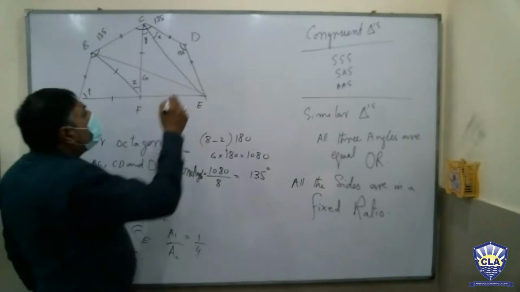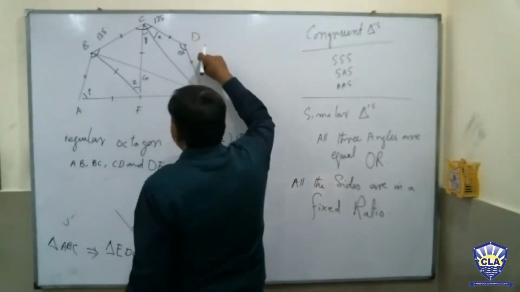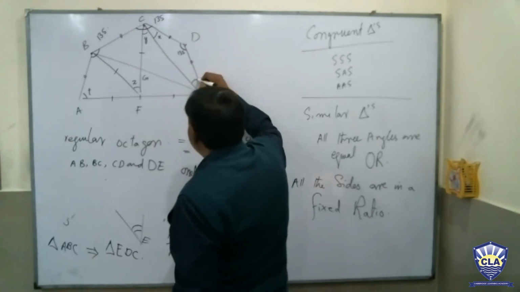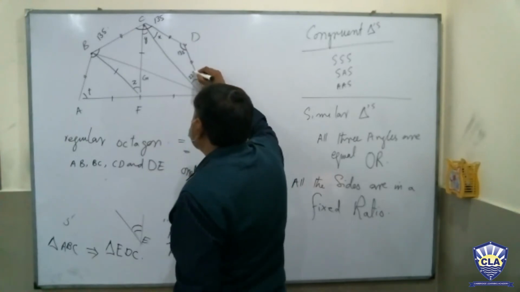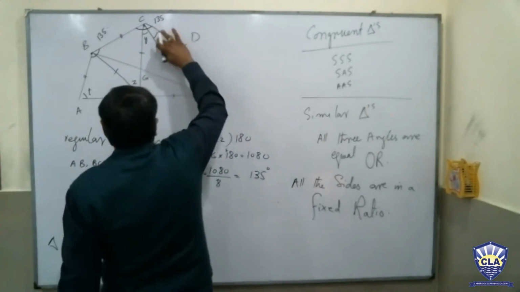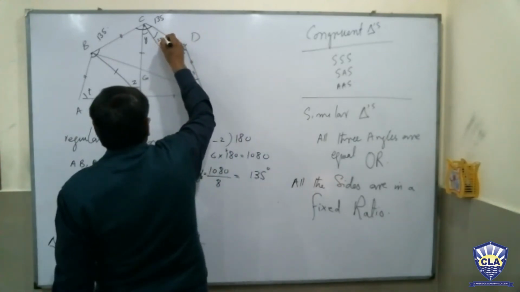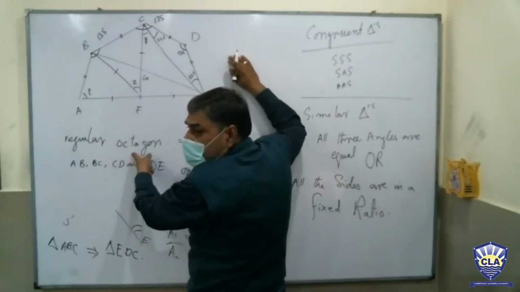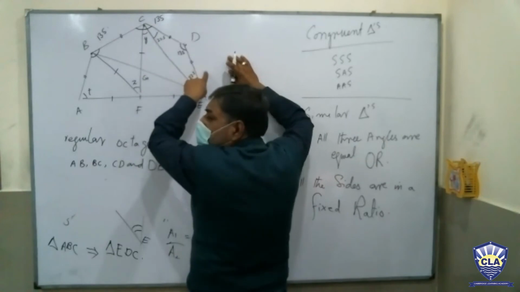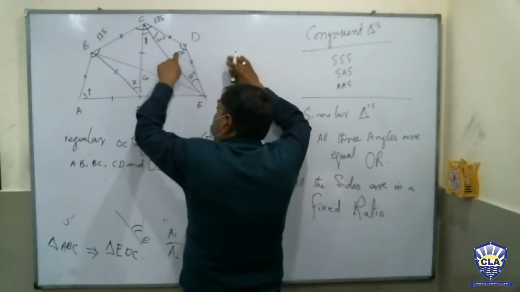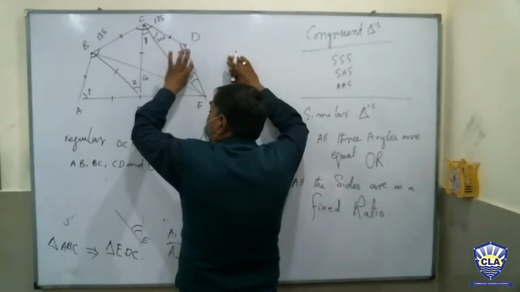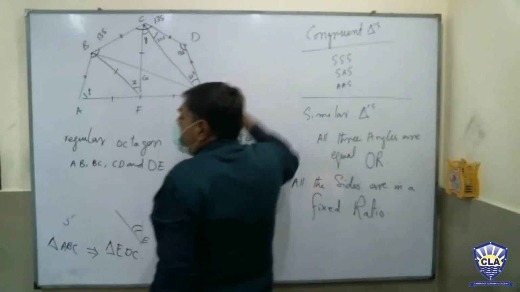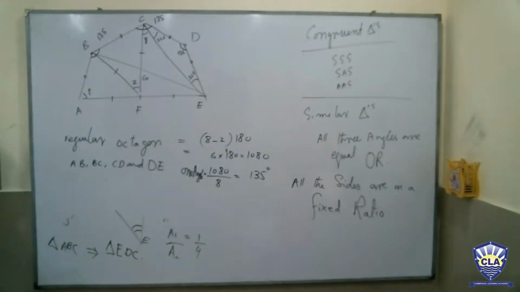Isosceles triangle. Regular octagon is given to you, so both the sides are equal. Subtract 135 from 180 and the answer will be divided by 2. 22.5. Next.